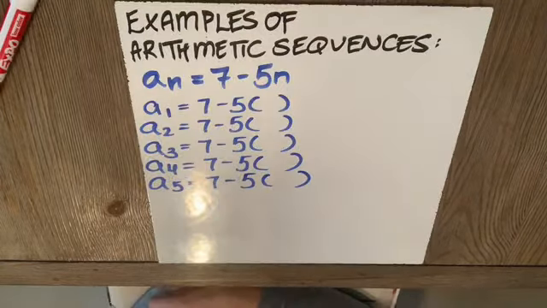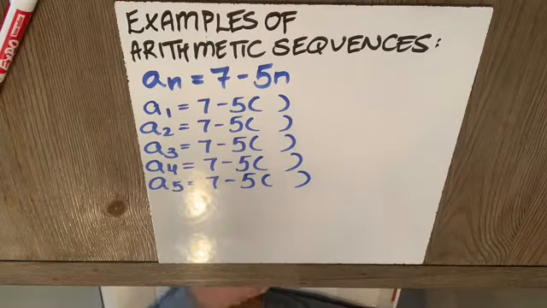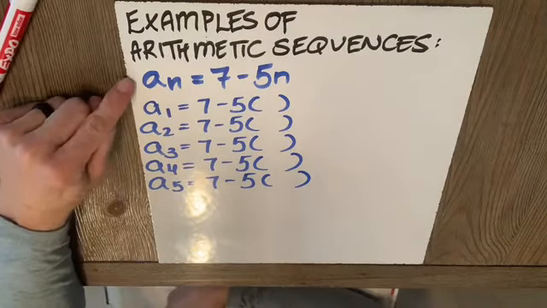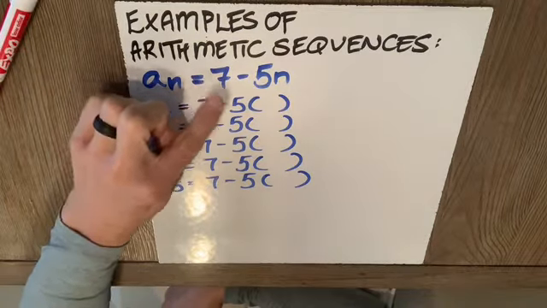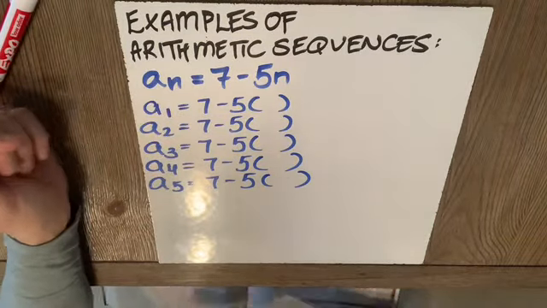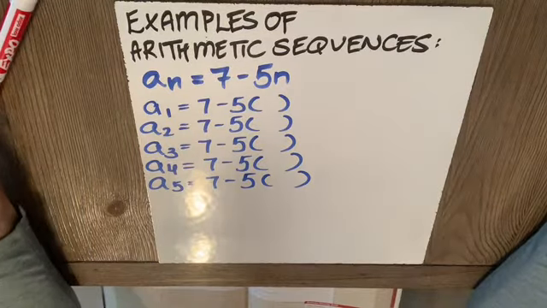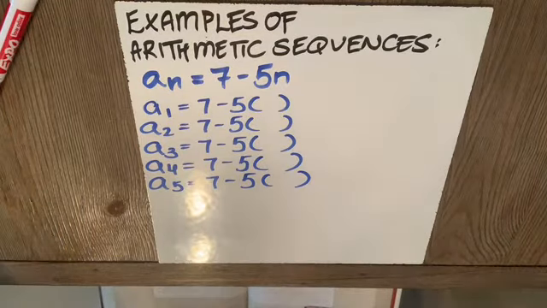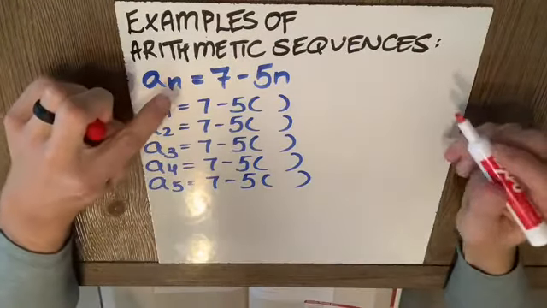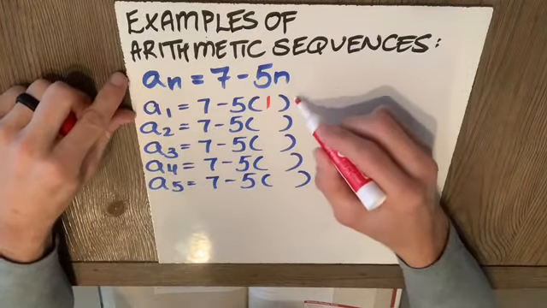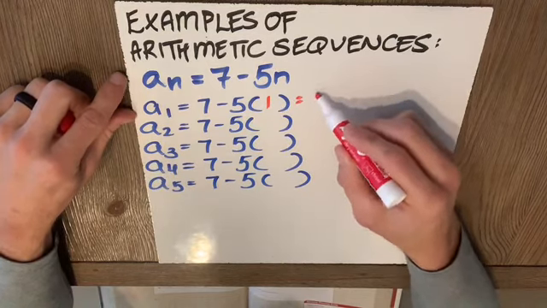Here's another example of an arithmetic sequence. I'm given the general term, an explicit formula, AN equals 7 minus 5N. Because this is linear, to the first power, I know I'm going to get an arithmetic sequence when I plug in my numbers. If I put a 1 in for n, 7 minus 5 is 2.